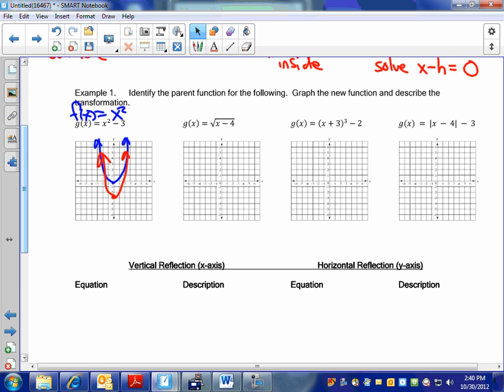What is the second one, parent function? F of x equals what? Square root of x. Very good. Which looks like this. Again, you should have all those shapes memorized. Is this a horizontal shift or a vertical shift?